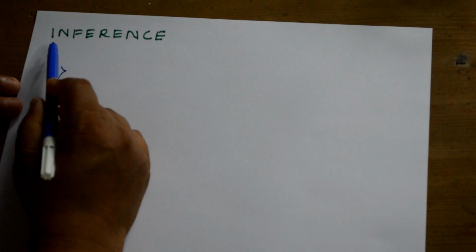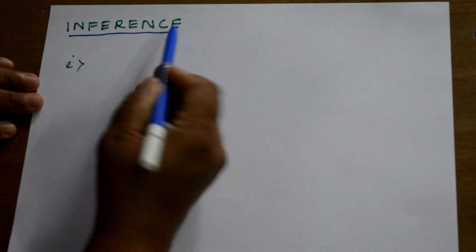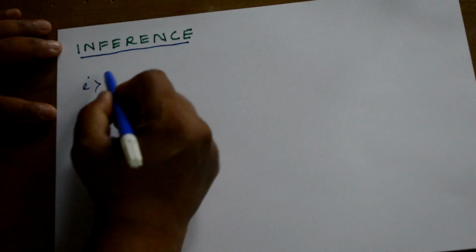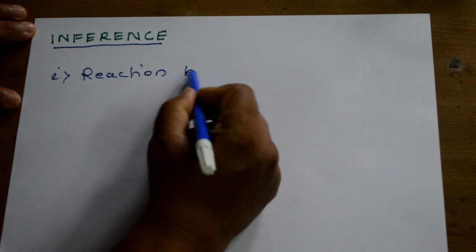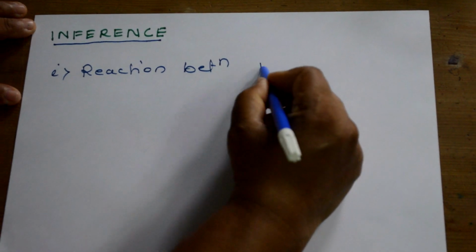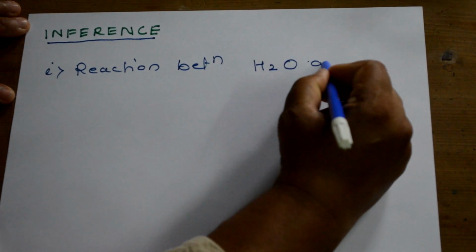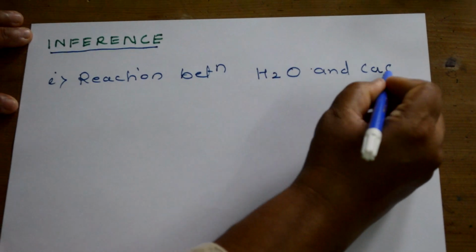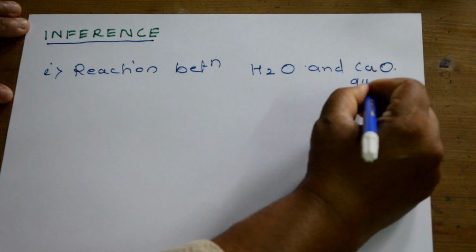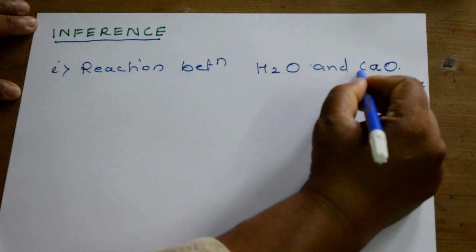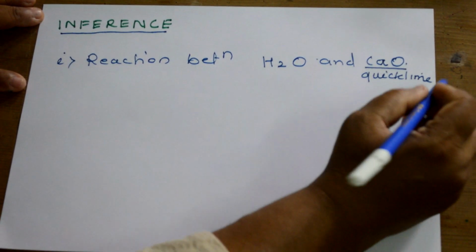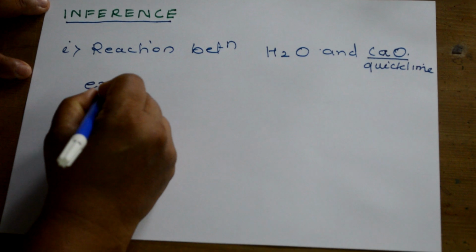Now we will see the inference. Children, the reaction between water and quicklime. This is also known as quicklime, but its molecular formula is CaO. It is an exothermic reaction.